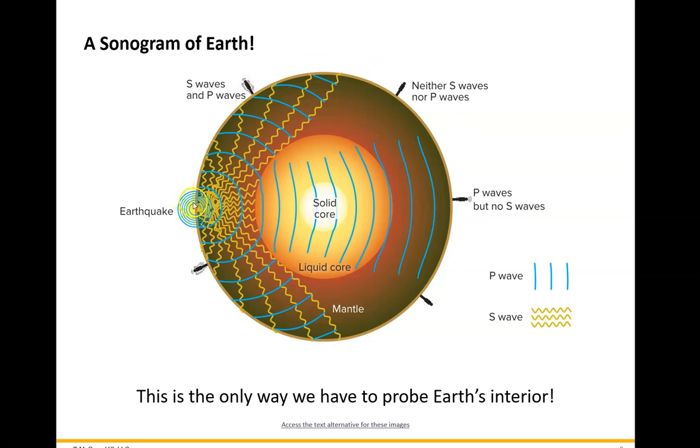All right, so let's say there's an earthquake right here, and the S and the P waves travel outward as they do, and as long as there's just solid rock between where the earthquake occurs and where the detector is, the detector will record both S and P waves.